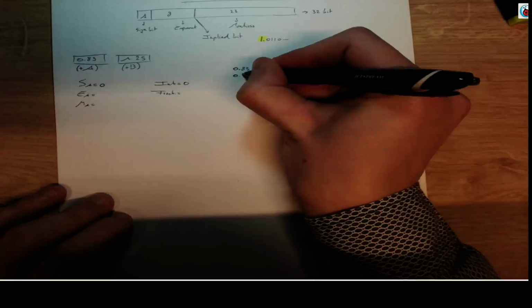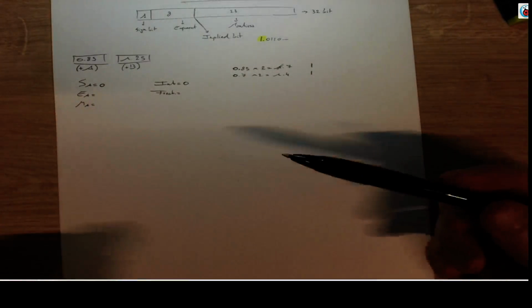Then I just discard the integer part, reuse the fractional part and do the same thing again. So 0.7 times 2 is 1.4. Again, it's bigger or equal to 1, so I store a 1 in binary. You keep repeating this process until you reach 0.